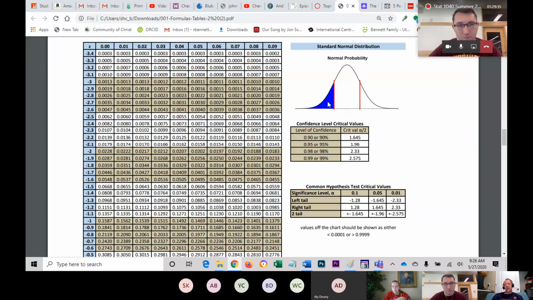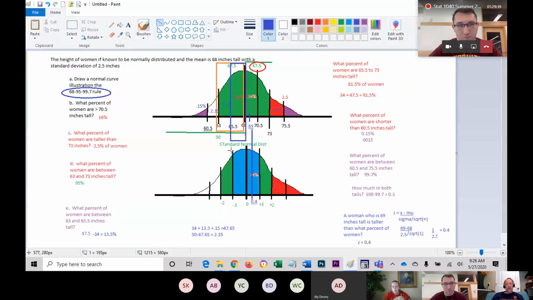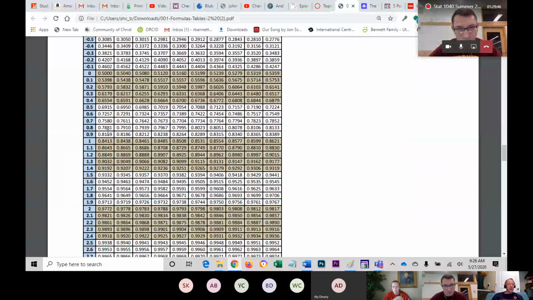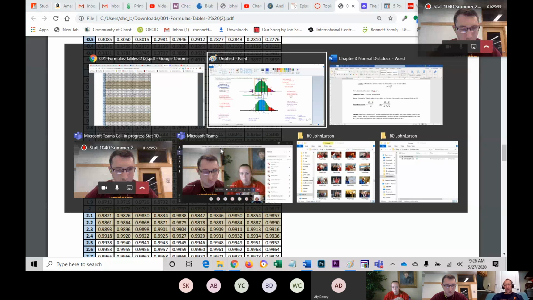Okay. So 0.4, and by the way, I should mention this. This always represents the left side of the curve. So in this case, I want the value that's less than 0.4. So if I go to 0.4, that gives me this value here, which is 0.6554. Okay.